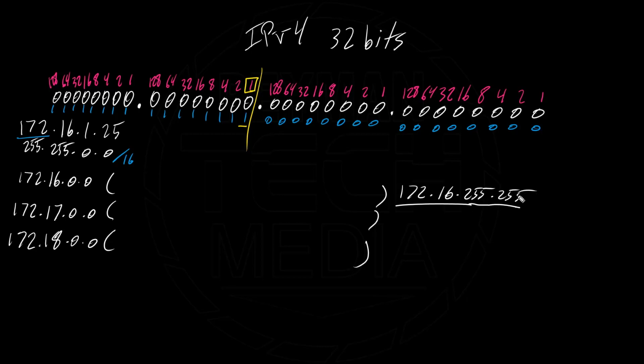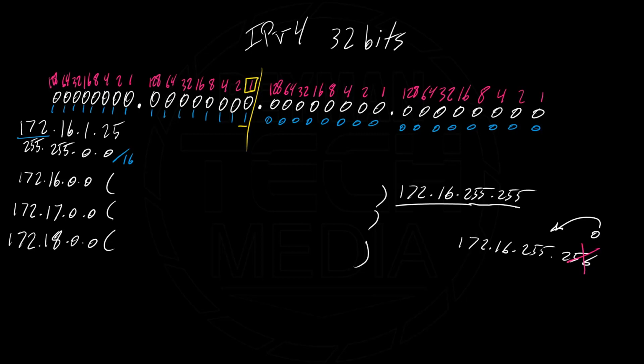If we add one IP address to this, it would be 172.16.255.256, which again we don't have 256 in an octet, correct? So this is not correct, and therefore what happens is it turns to 0 and adds 1 to the octet to the left.